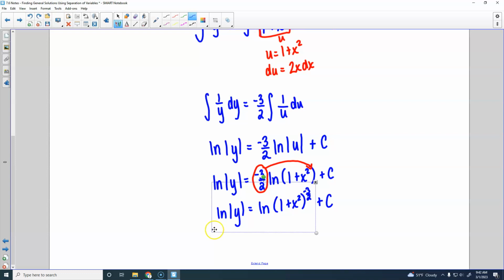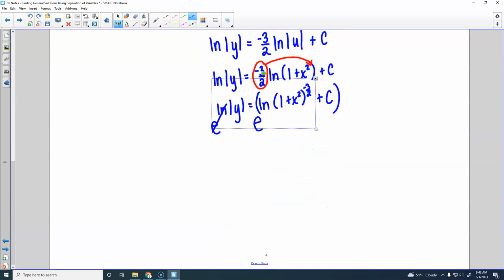Okay, then when I raise both sides to be powers of e, this will cancel, but I've got absolute value of y equals, all right, so what I've got right here is e to the natural log of 1 plus x squared to the -3/2 plus c.